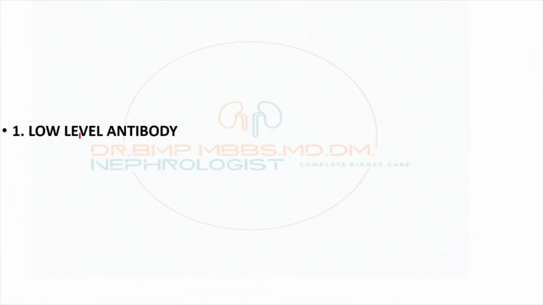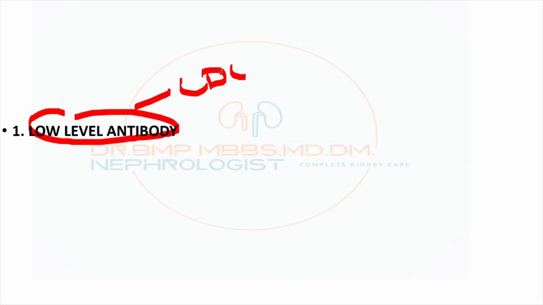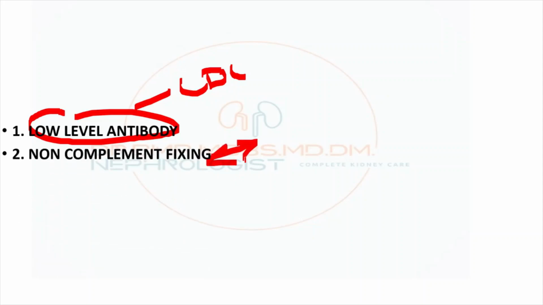First, there might be presence of low level HLA antibody which is not detected by CDC, but flow cross match has detected it. This is one reason. Second, the antibody detected by flow cross match might be a non-complement fixing antibody which is not detected by CDC. Does it cause rejection? Yes, it can. So this is another possibility.